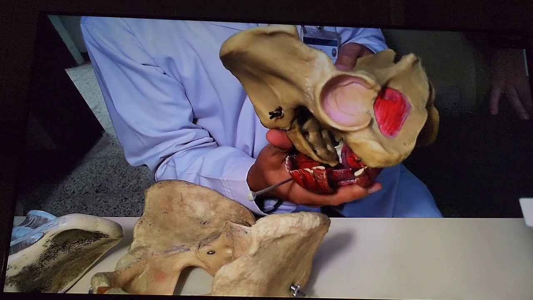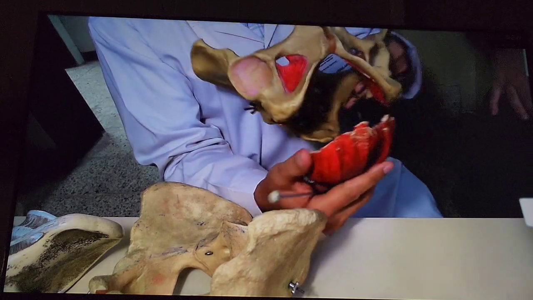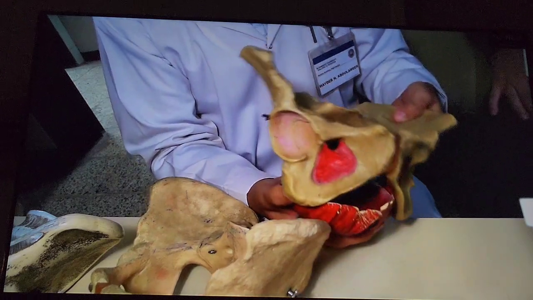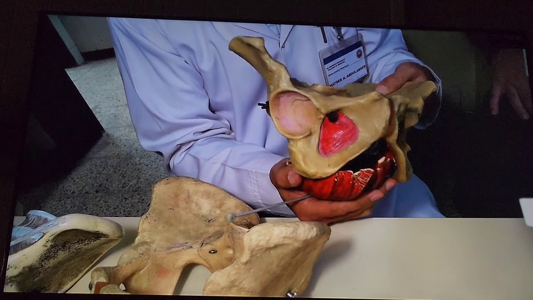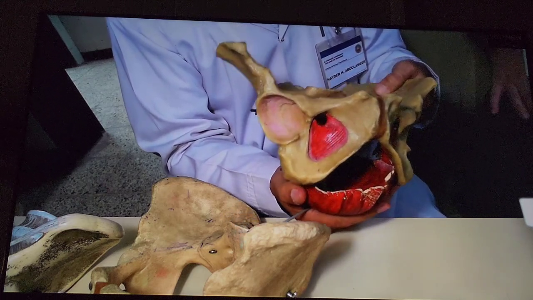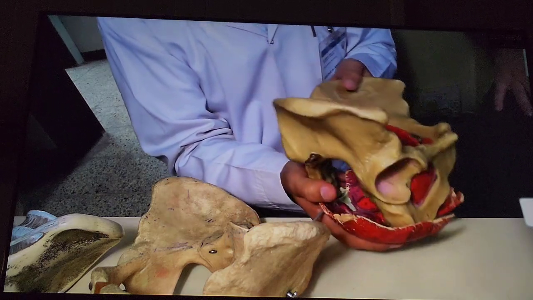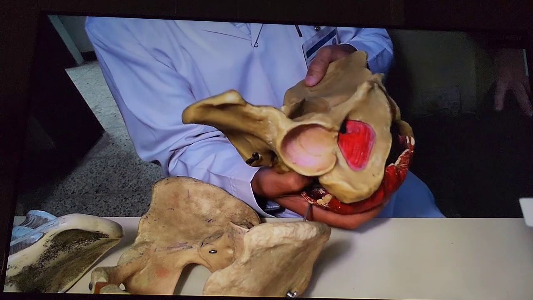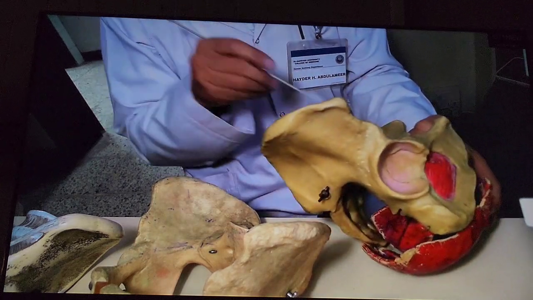The pelvic floor is formed by two muscles, the pelvic diaphragm or pelvic floor, and this includes the levator ani muscle and the coccygeus muscle.